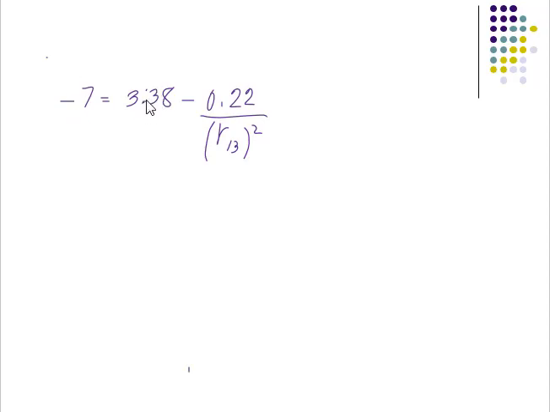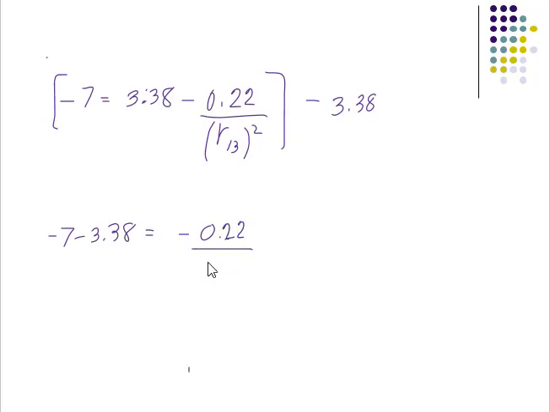So evaluating this one further, let's subtract 3.38 on both sides, so minus 3.38. So we can now remove 3.38 here. And we now have negative 7 minus 3.38 equals negative 0.22 divided by R13 squared.